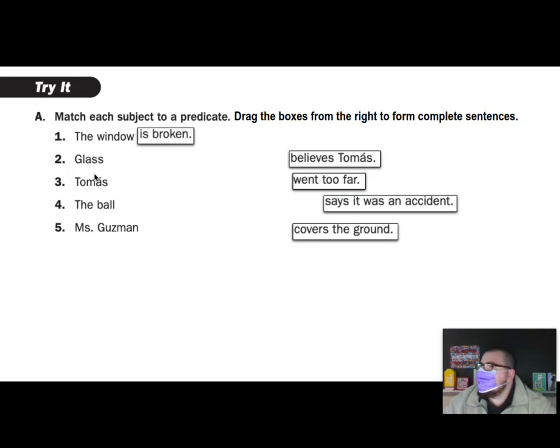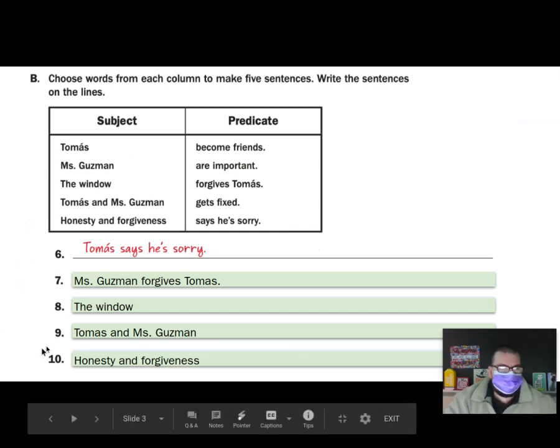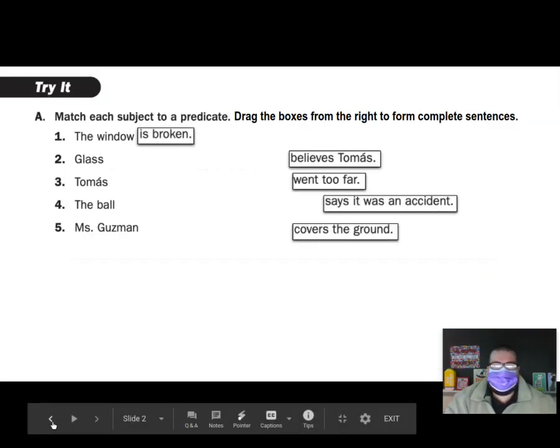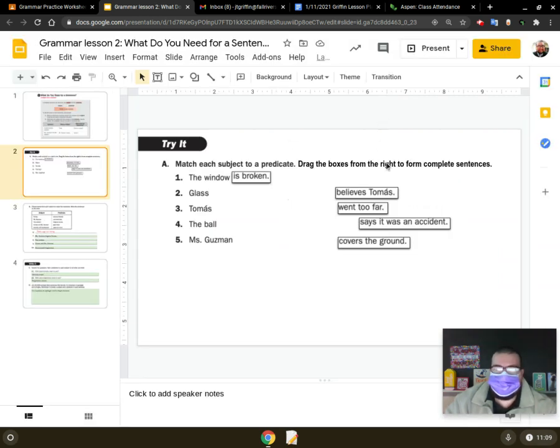How can we make this a complete sentence? Covers the ground. Excelente. Is it going to let me do it? No, I guess not. You have to do it when you're not in the present. That would make sense, huh? Okay. So glass covers the ground.